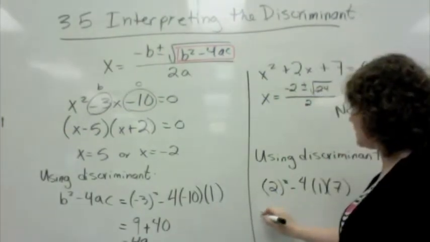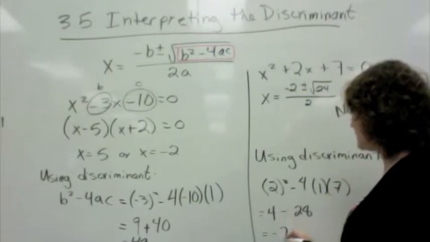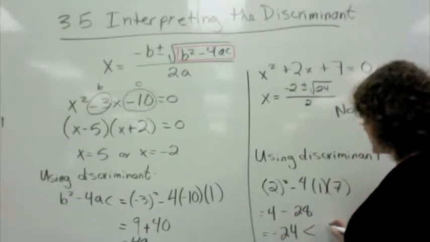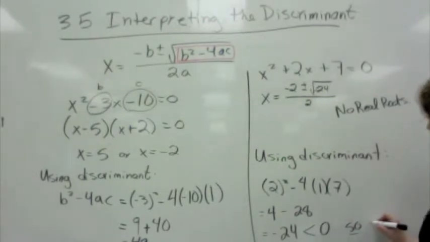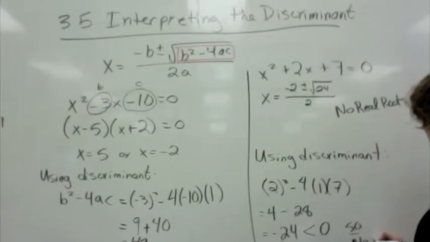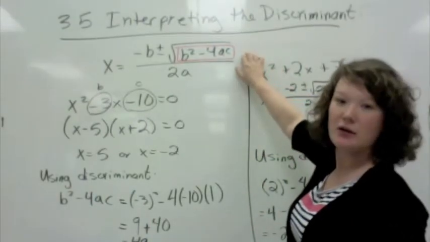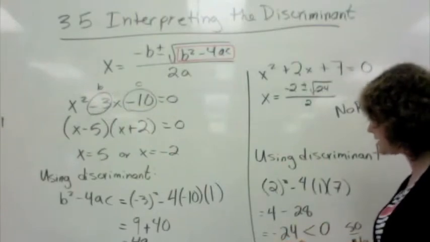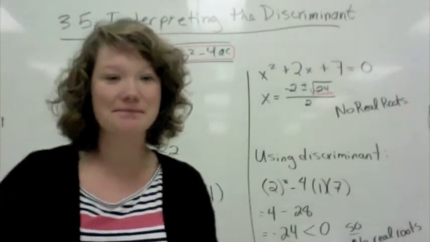So we have 4 minus 28 equals negative 24, which is less than 0. So the quadratic equation has no real roots. It shouldn't surprise us that the discriminant, which is this piece right here in the quadratic formula, gives us the exact same number here. Those two things are the exact same.